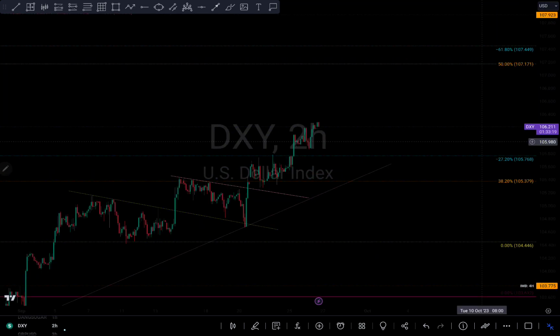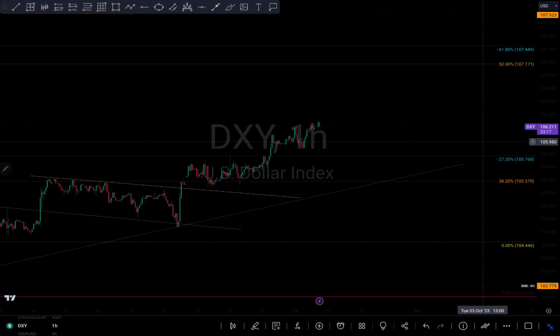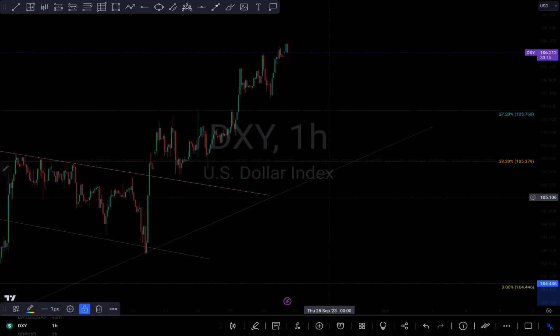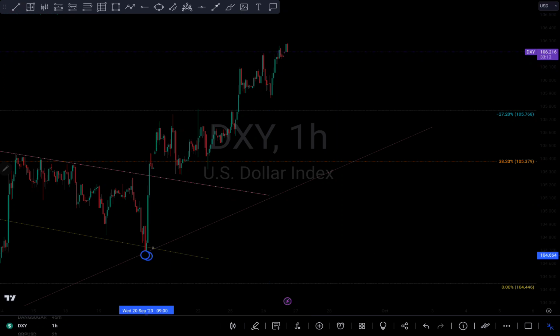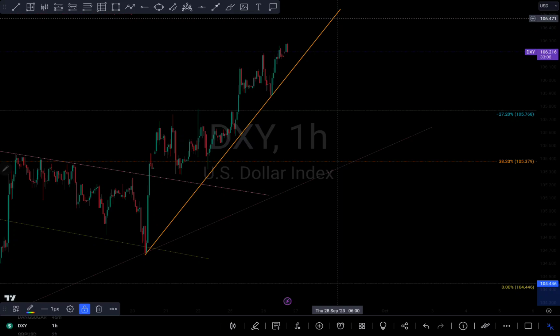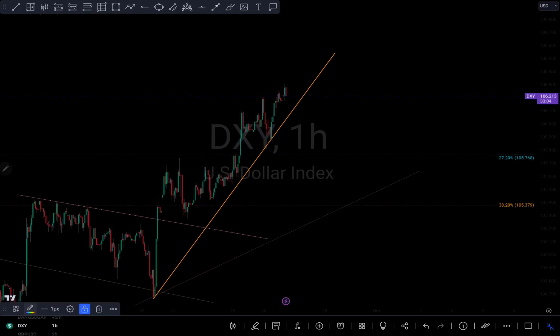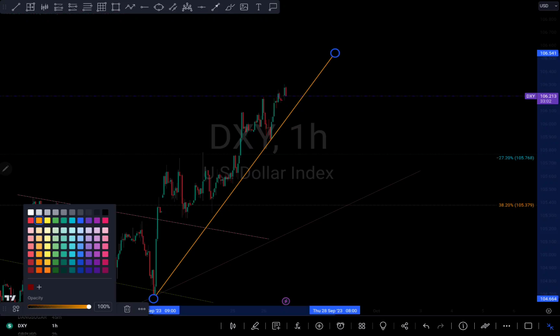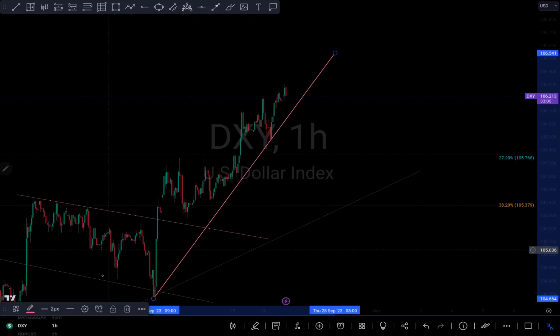So now let's see, since we know we are currently on a buy trend overall, I can put a trend line here just to show us what we are looking for, and change the color of that.